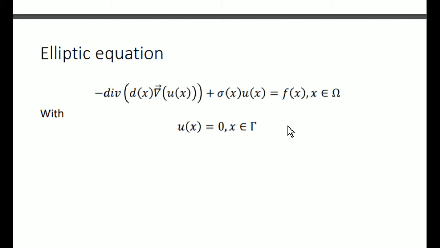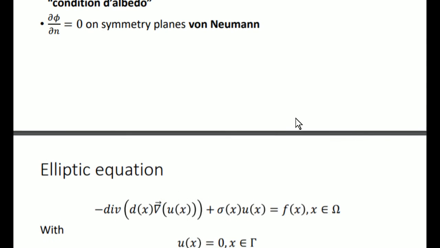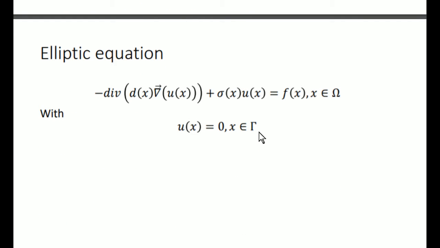And here we will consider a Dirichlet condition in which u of x is equal to 0. If you ask why we pick u instead of phi, it's because it's easier to write. Actually, the book also uses the same notation. So let's use that, because writing phi is harder than writing u.